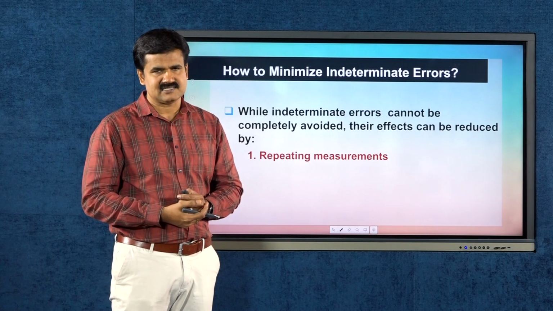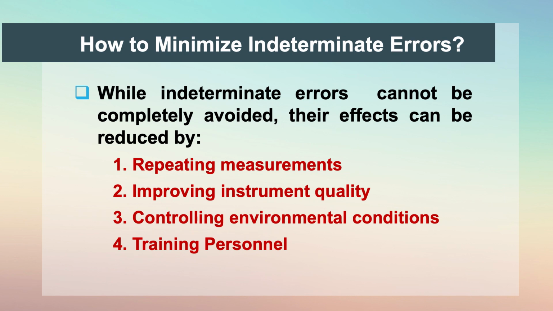such that you can find out the variation in the results. Now the next possibility to minimize the indeterminate error is improving instrument quality. This is another way to minimize the indeterminate errors.